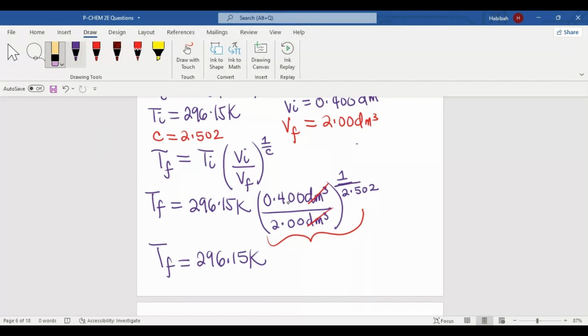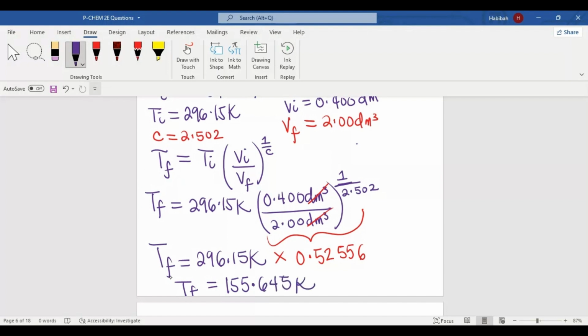So this whole information, putting in my calculator, I'm going to get 0.52556. That's it. So the T final would end up becoming 155.645 kelvins.